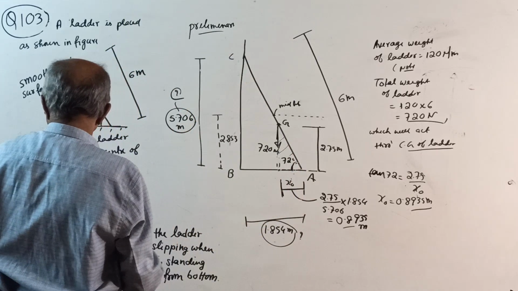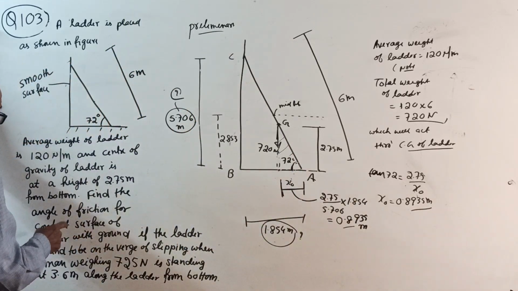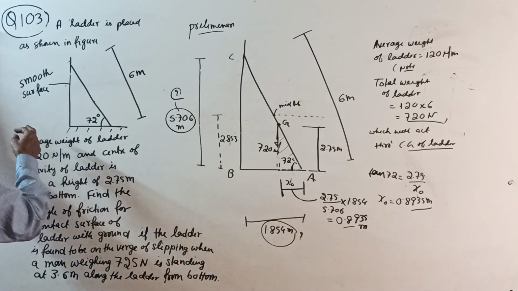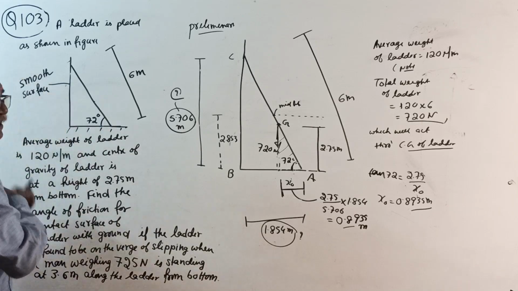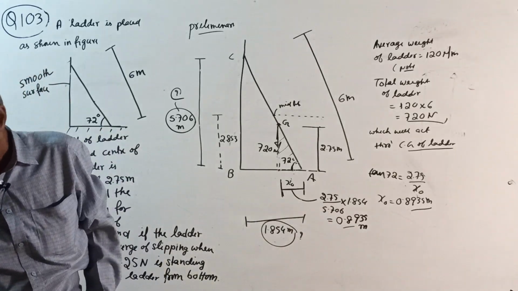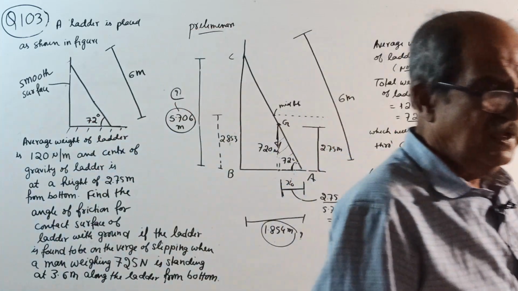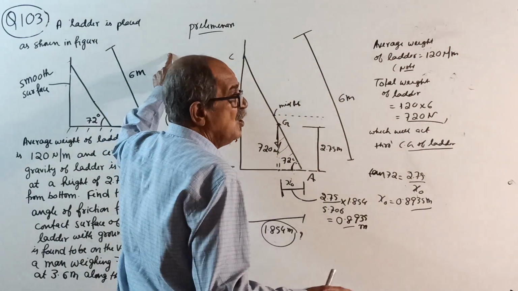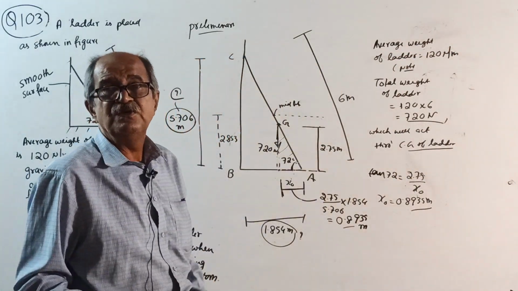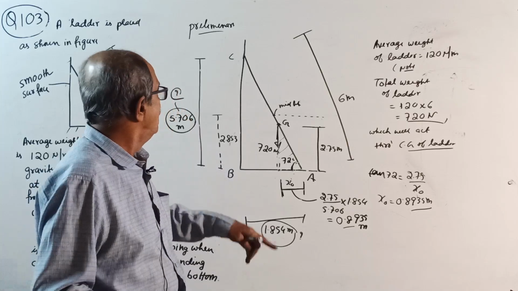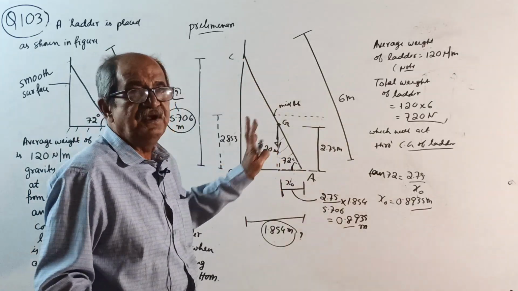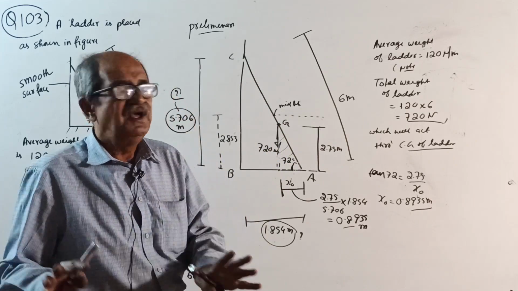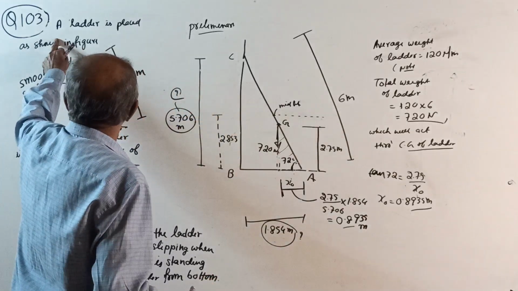Now, what do they want in the question? They told where friction is given. They want to find the coefficient of friction at the base. See, last time, question number 101. Question 101 was, if you remember, both places had friction.